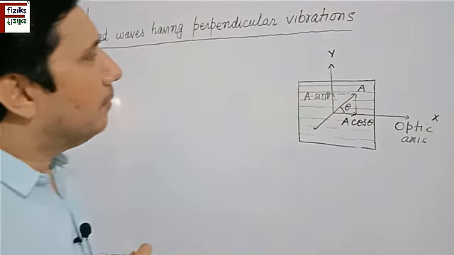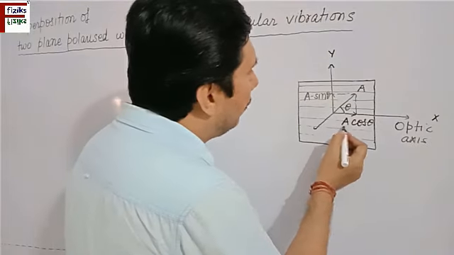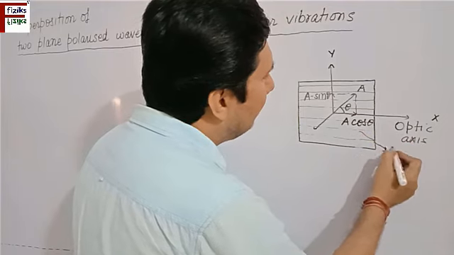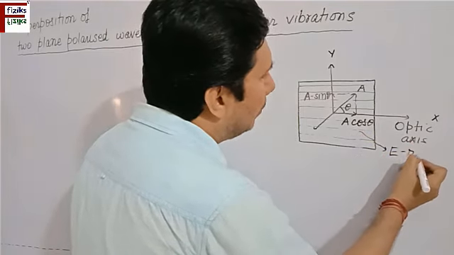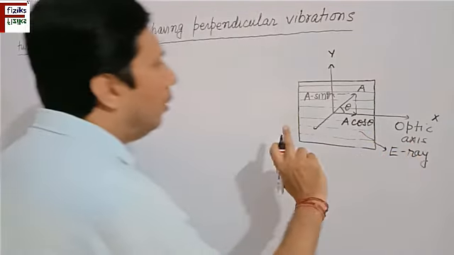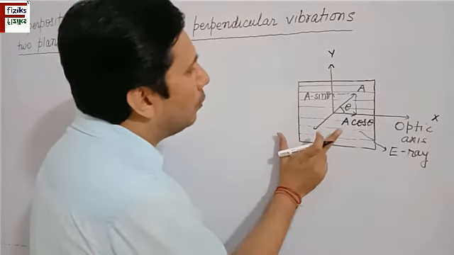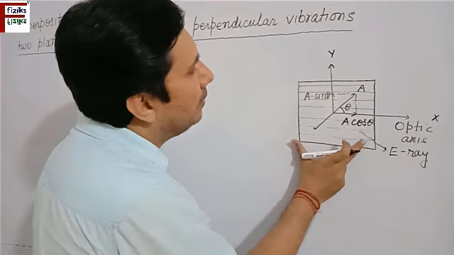We are always aware that the component which is parallel to the optic axis will act as E ray, because this component is parallel to the optic axis and the optic axis lies in the principal section, so automatically this component will be E ray.